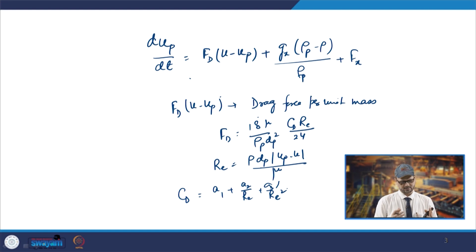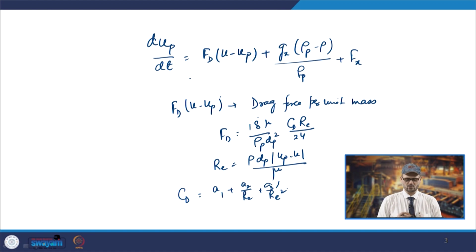These A1, A2 and A3 are constants for smooth spherical particles, and they are also expressed in terms of another parameter, phi. That phi again depends upon the surface area of the spherical particle taken into account. So you may have different values of these.